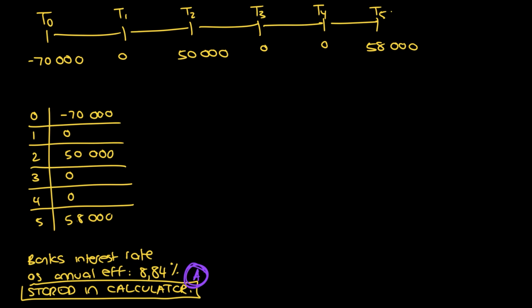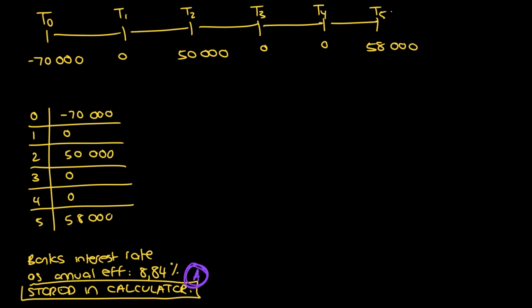If you're confused on how to get the bank's interest rate as the annual effective interest rate, I will go through it again when we bring up the financial calculator on the screen. But right now, we just want to acknowledge that it is sitting here as 8.84%, and we're going to need it for the comparisons. Okay.